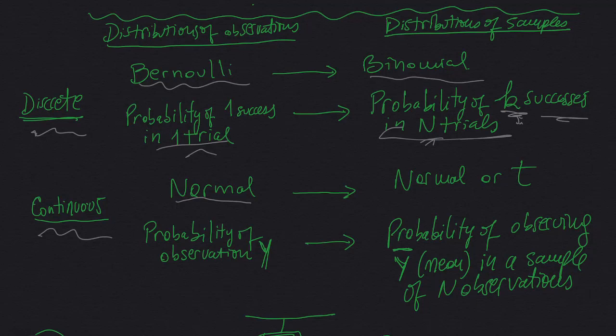We can do the same in continuous. The problem is that we use the same distribution for both, and that's what makes the understanding of this concept difficult. Okay, so we've seen before, for one trial, we determine the probability of observing a specific value of the random variable using a normal distribution. That's what I've just shown before.